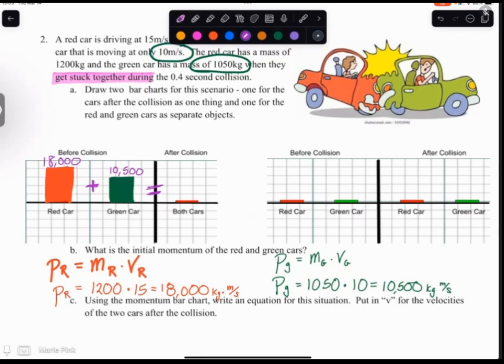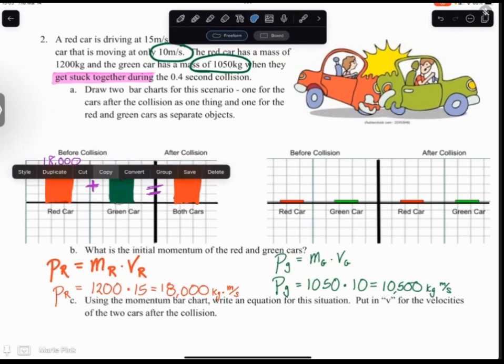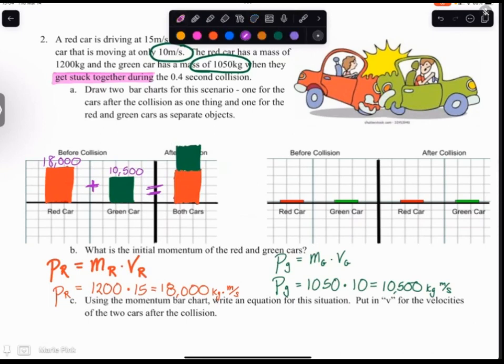And so if I have 18,000 and I have 10,500, that means that these two are going to have to add together. So if I look at this bar, I'm going to have this much for the red car, and then I need to add to it this much for the green car. And so that'll be my total momentum after the collision. And because I know how much each of these boxes are, I can then figure out my total momentum.